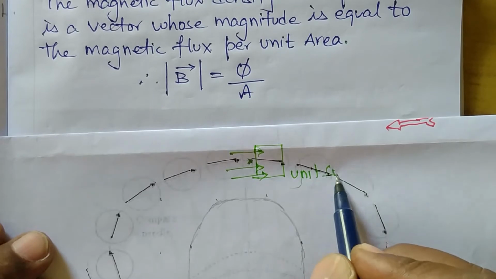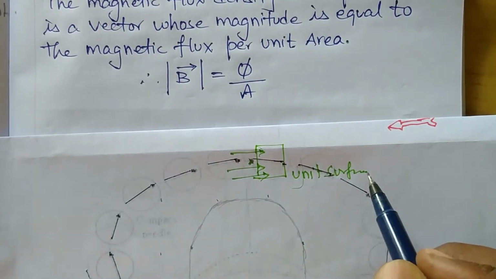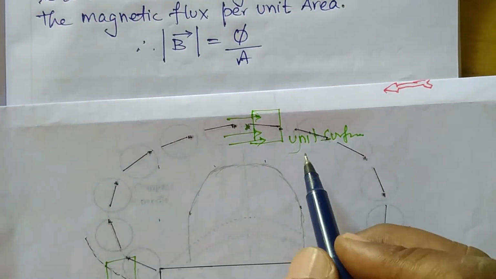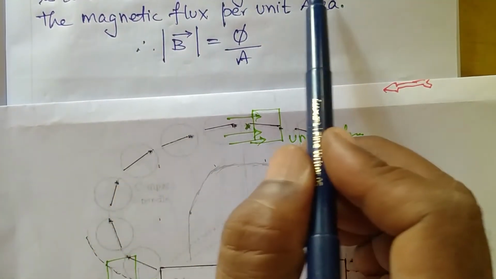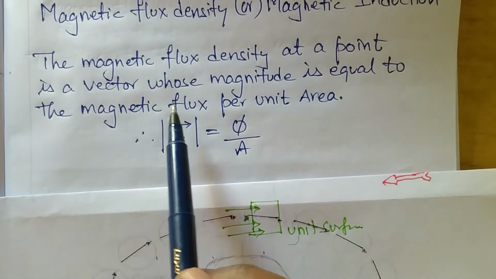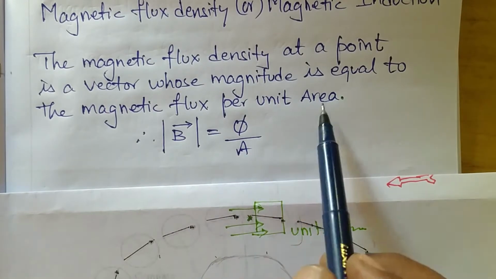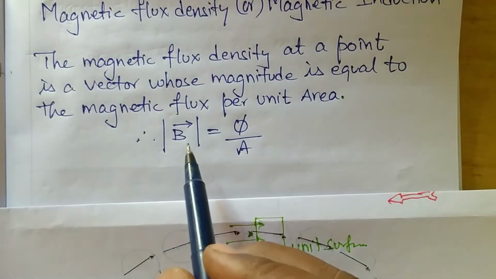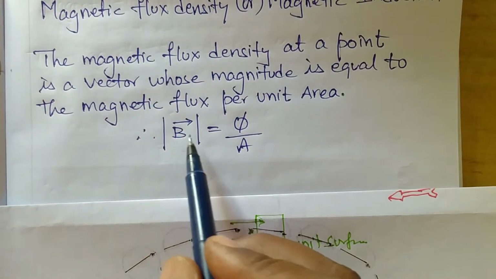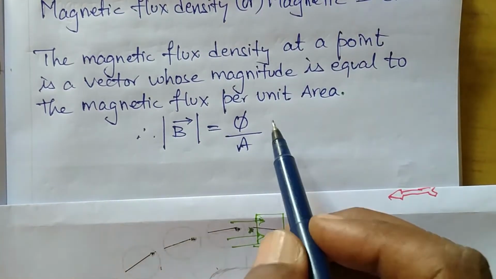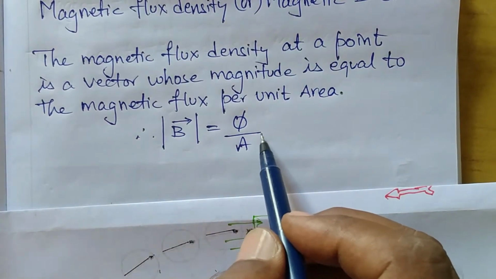So the definition of magnetic flux density is like this: the magnetic flux density at a point is a vector whose magnitude is equal to the magnetic flux per unit area. Mathematically, magnetic flux density is denoted by the letter B. So it is a measure of the number of field lines by the area.